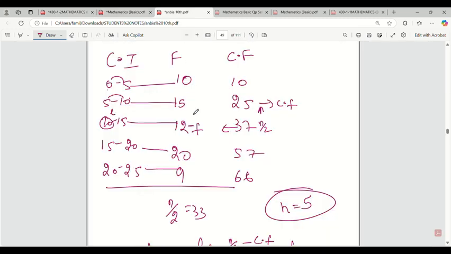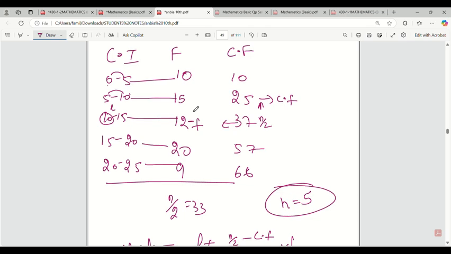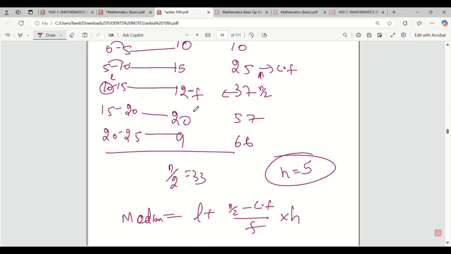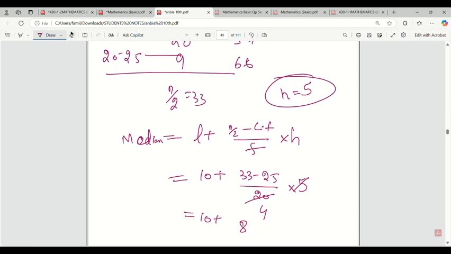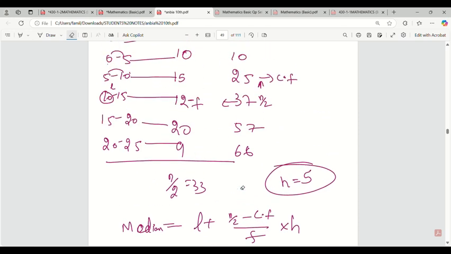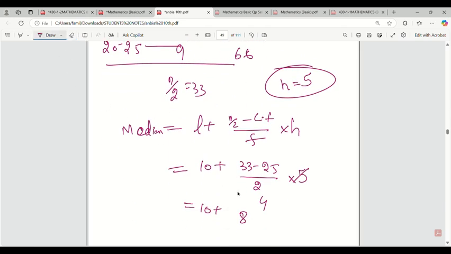The cumulative frequency was 25 only. Frequency was not 20, right? That's what I was thinking of. Frequency is 12. Okay, so this 5 will not get cancelled.